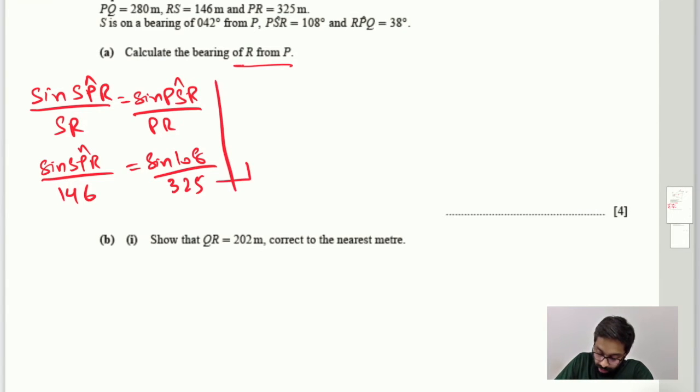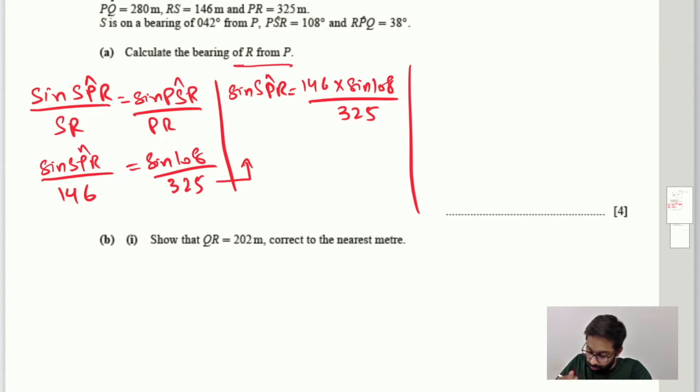325. Okay. Now let's make sine SPR the subject. So you multiply 146 by sine 108 and divide it by 325. Okay, when we do that, sine SPR is equal to 146 times sine 108 divided by 325.